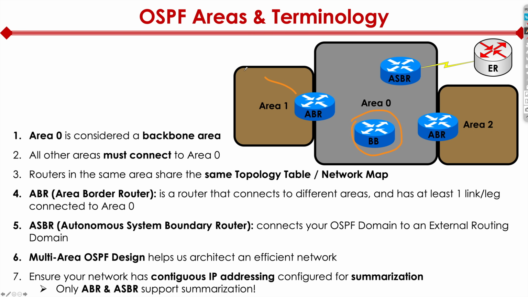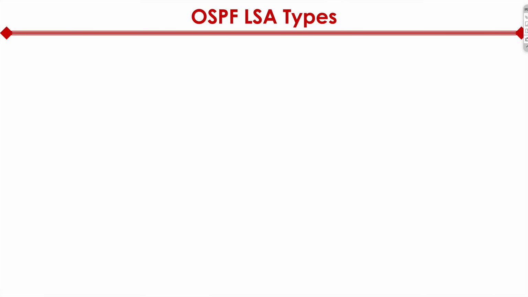And if there was another router behind this ABR, or behind this ABR, these devices won't be able to do summarization. And this backbone won't be able to do summarization either because it doesn't have a link in different areas. Only the device that sits at the edge of different networks has the ability to do summarization, which makes sense.